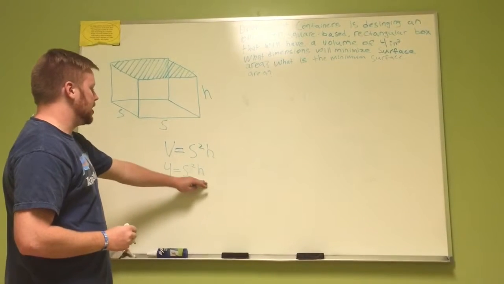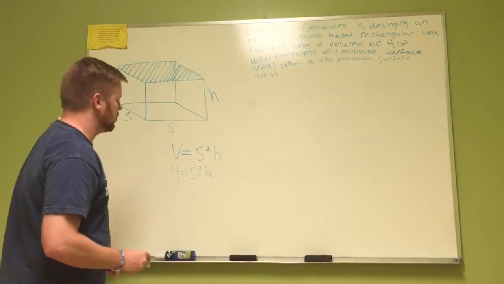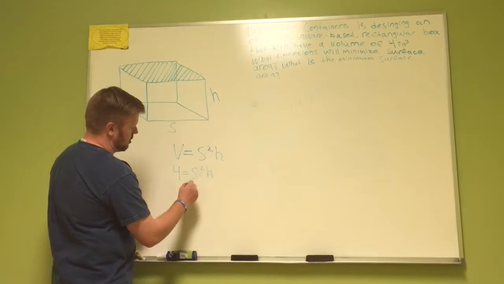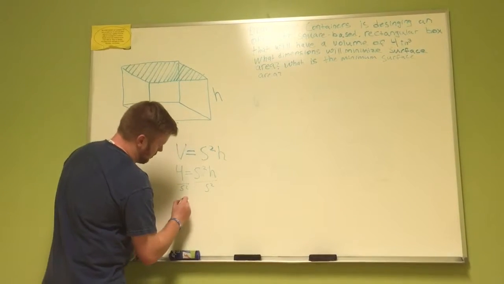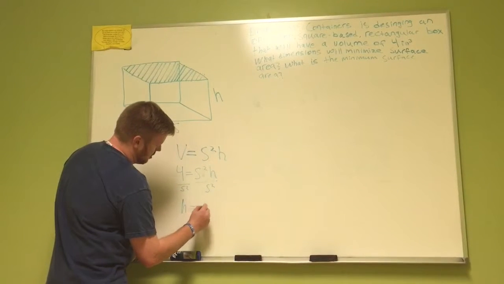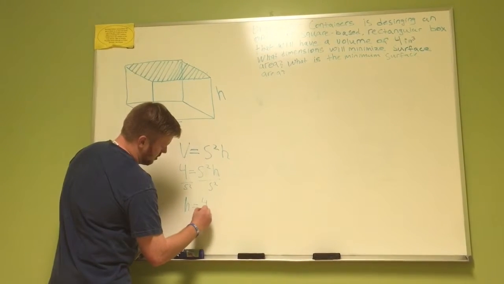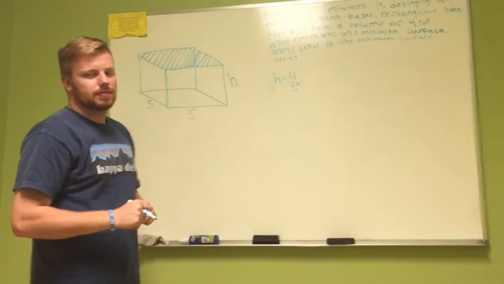Next, we want to isolate one of these unknown variables, so we can just do the H. We divide by S squared, which gives us H equals 4 over S squared.